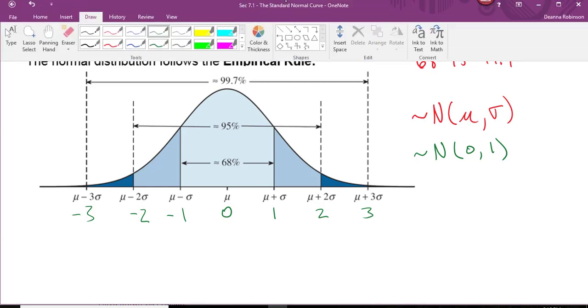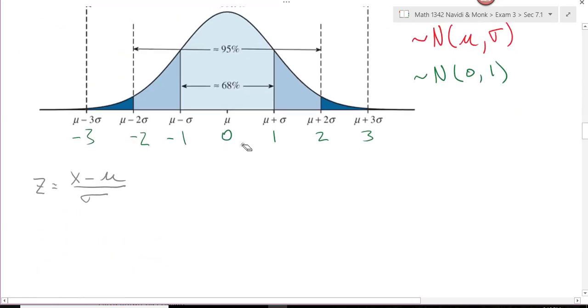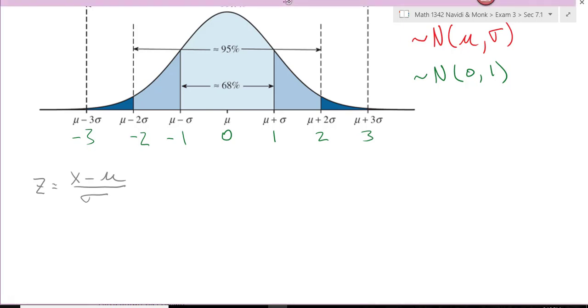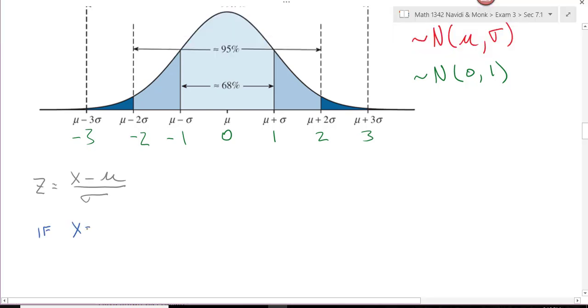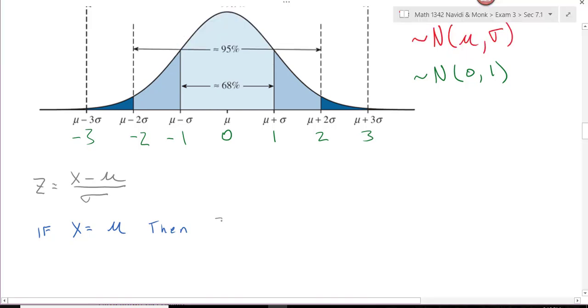Do y'all remember me talking about the Z-score formula where we said Z is equal to X minus the mean divided by the standard deviation? Let's use this formula to verify that the numbers that I have written in green are accurate. So let's convert this normal distribution into the standard normal distribution. If X is equal to the mean, then I would drop in a mu in place of X in that formula.